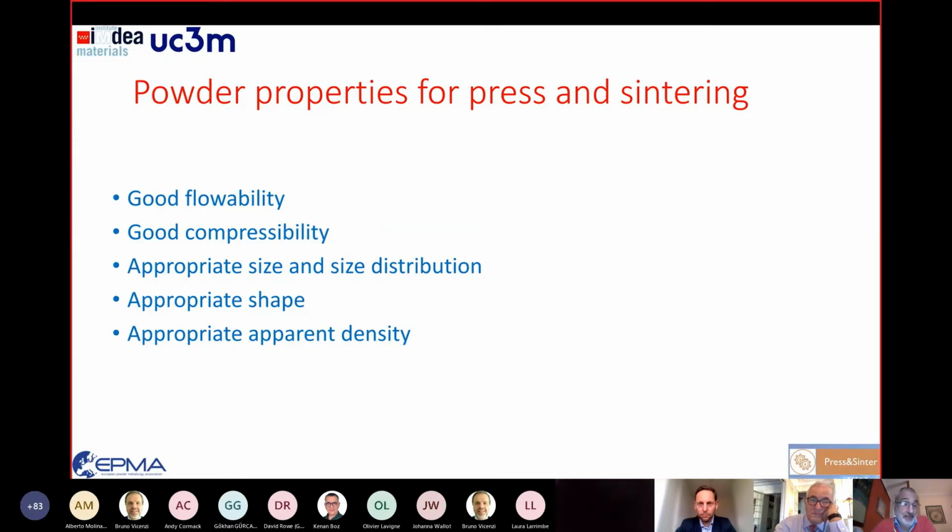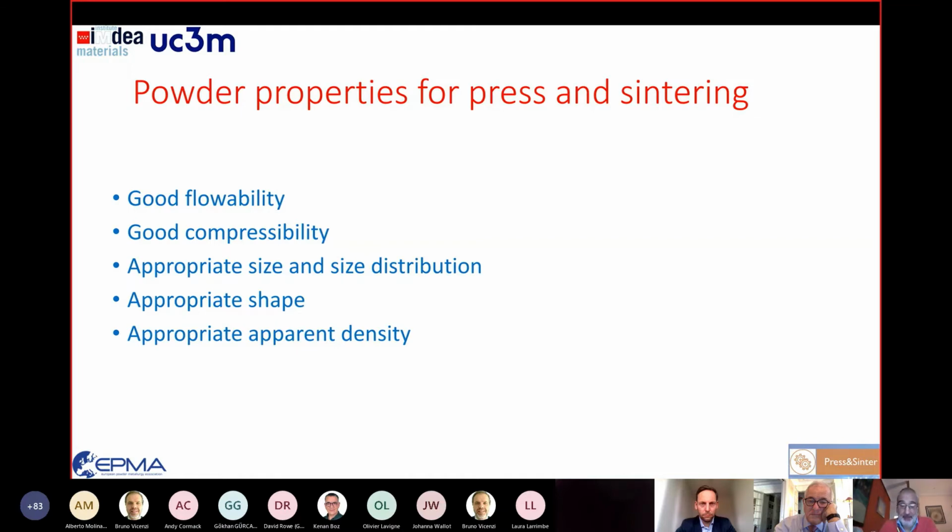We have to have an appropriate size and size distribution. Most of the time, size is highly related with flowability and other properties, the apparent density, for instance, and also we have to have an appropriate shape. For this reason, some shapes like, for instance, flakes or non-rounded shapes are not suitable for the press and sintering method.